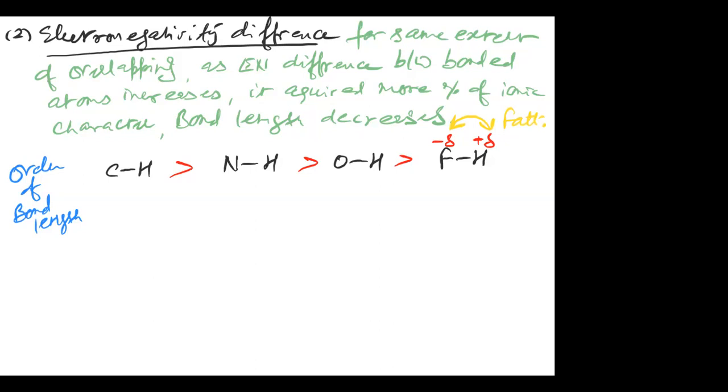If you see their exact values of bond length, CH is found to be 109 picometer, NH is 101 picometer, OH is 96 picometer, and HF is 92 picometer.